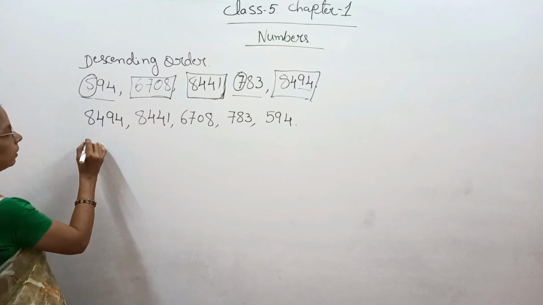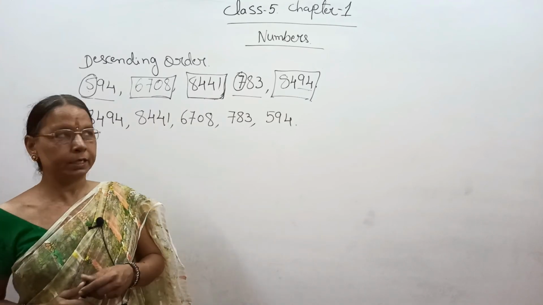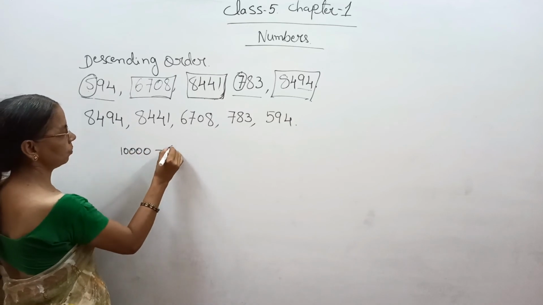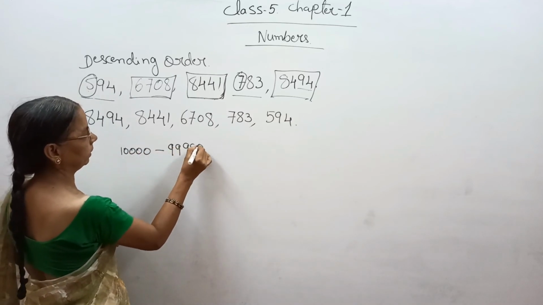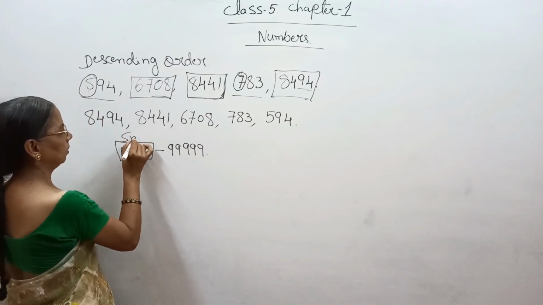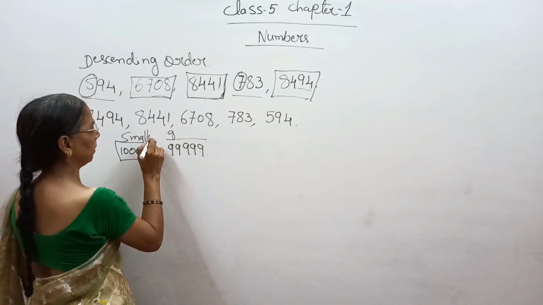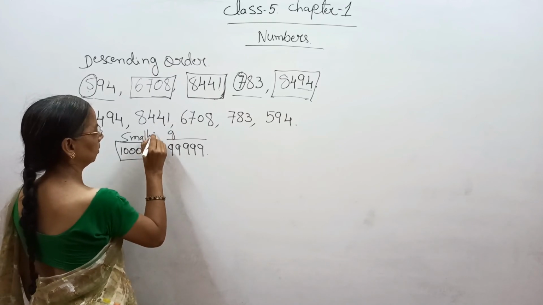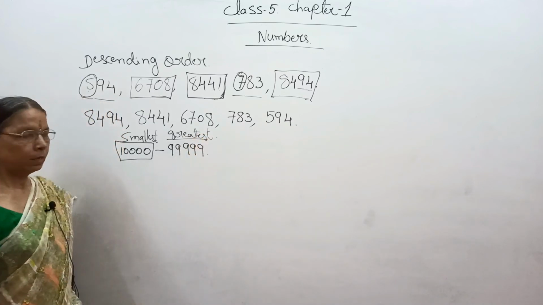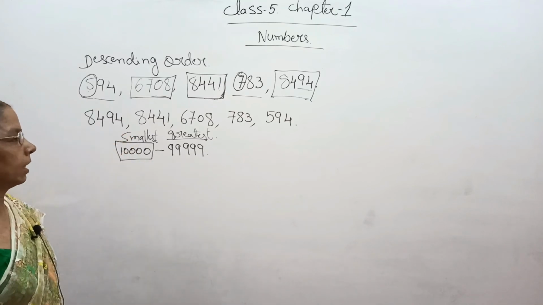Now I can recall the whole topic, that is introduction of 5-digit numbers, that is 10,000 to 99,999, smallest and greatest. Then we make the periods, that are 3.